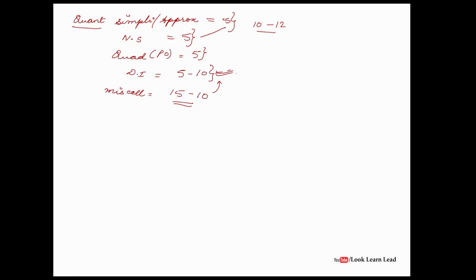Out of the DIs, one DI would always be easy. So you should try to figure out which DI is easy and try to solve it. How to figure out? Find the DI which has small figures, because small numbers are easy to solve.